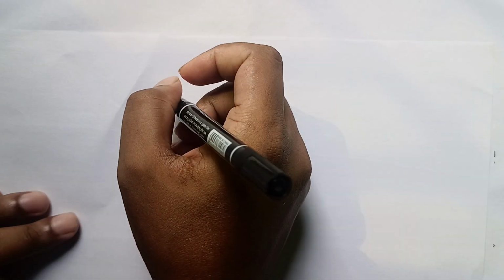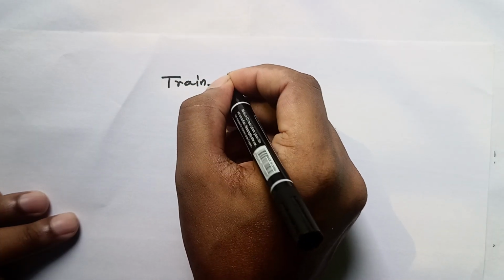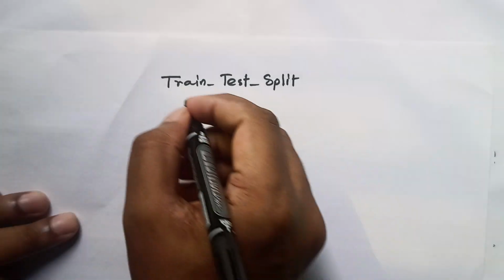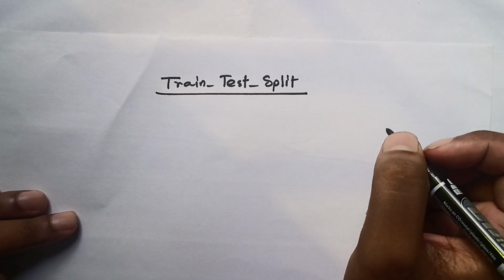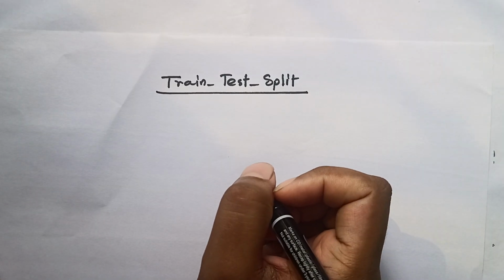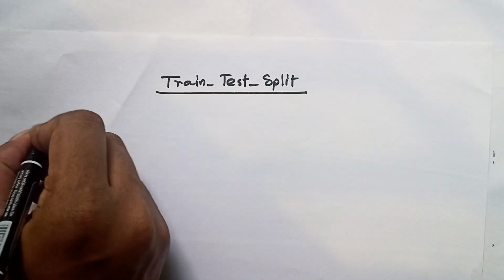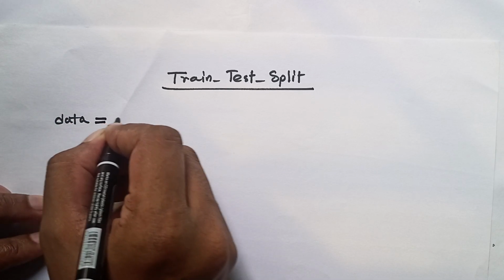Today we will see train test split using Scikit-Learn. We consider a dataset, an array.